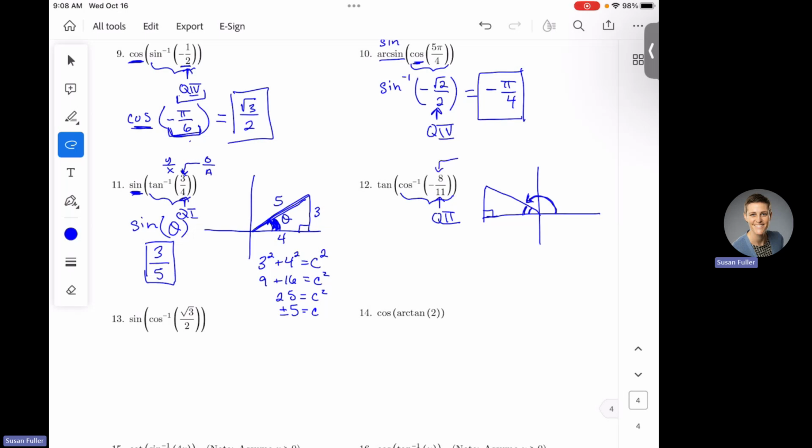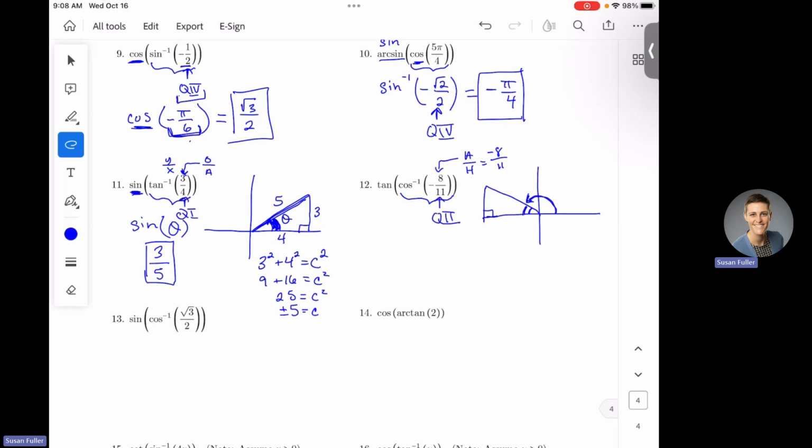This ratio is in inverse cosine, so I know that ratio is adjacent over hypotenuse. Now, where does that negative go? Does it go with the adjacent side or the hypotenuse? Well, the hypotenuse always has to be positive, so I know that my adjacent side is the one that's negative, and my hypotenuse is positive 11.